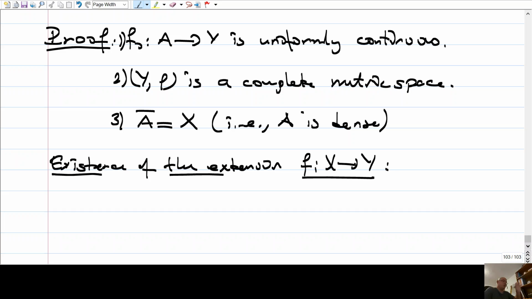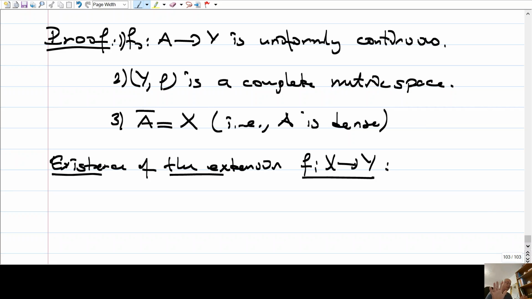And the idea will be the following. Of course, I have to use convergent sequences, and in this case, they are also Cauchy. Well, they are always Cauchy. And once you have a complete metric space, then those Cauchy sequences will be convergent also. And since f is uniformly continuous, it sends close points to close points.